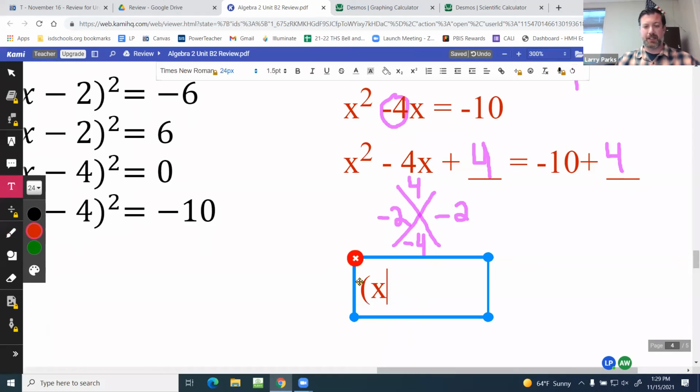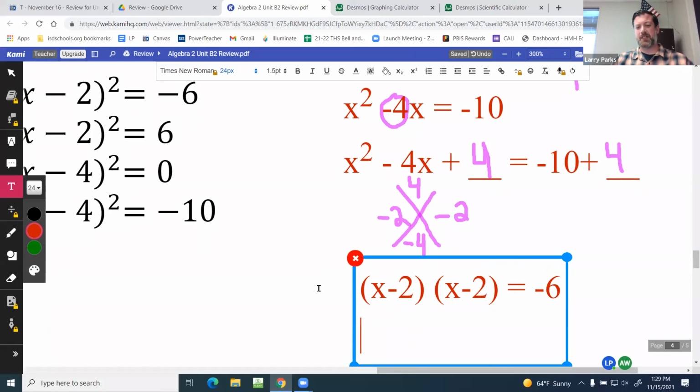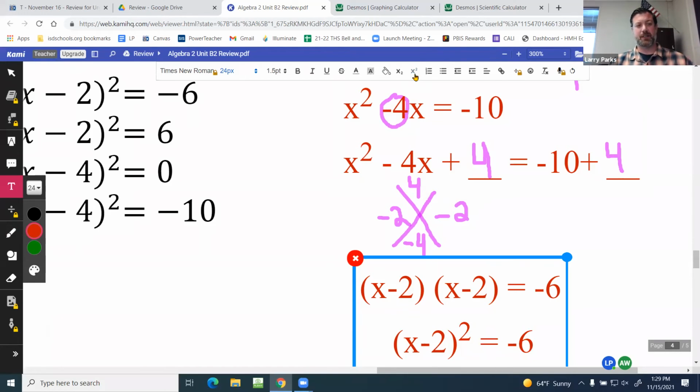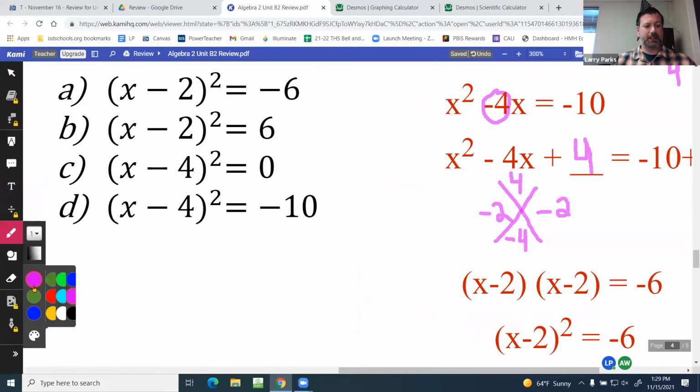So that'd be x minus 2, x minus 2. And negative 10 plus 4 is negative 6. But x minus 2 times x minus 2 is the same thing as x minus 2 squared equals negative 6. So that would be A. A is the answer.